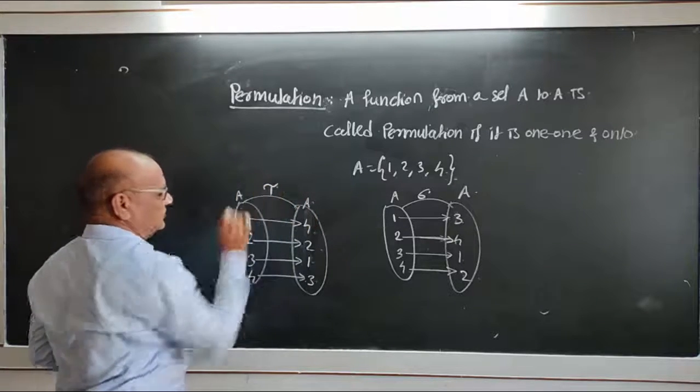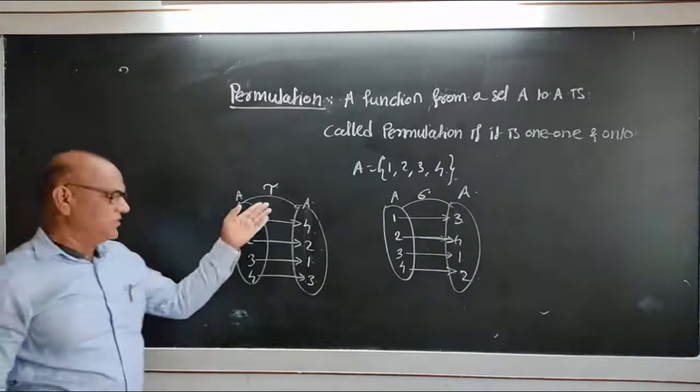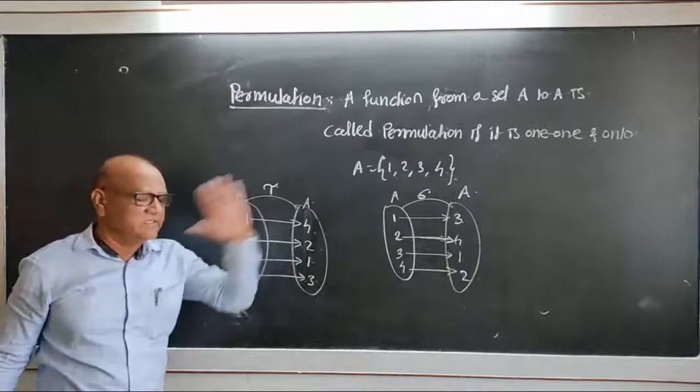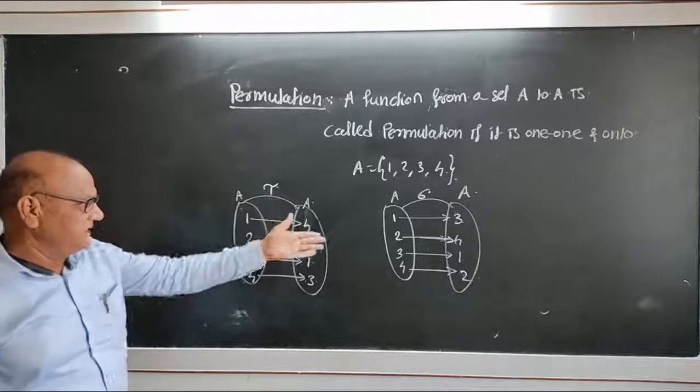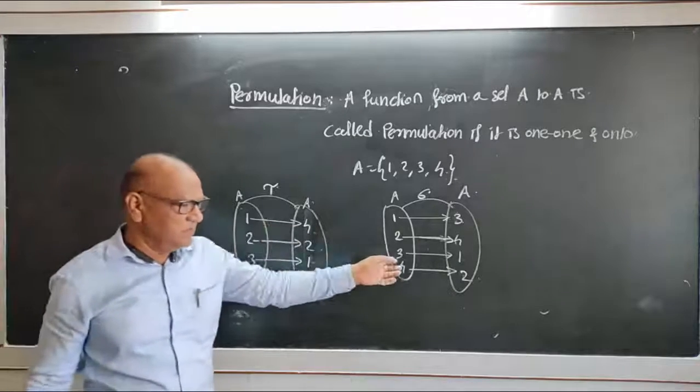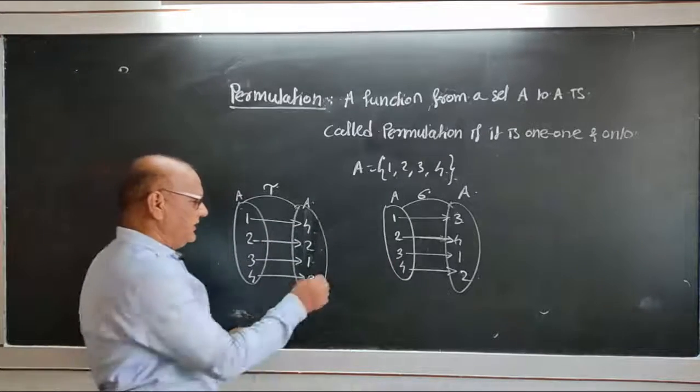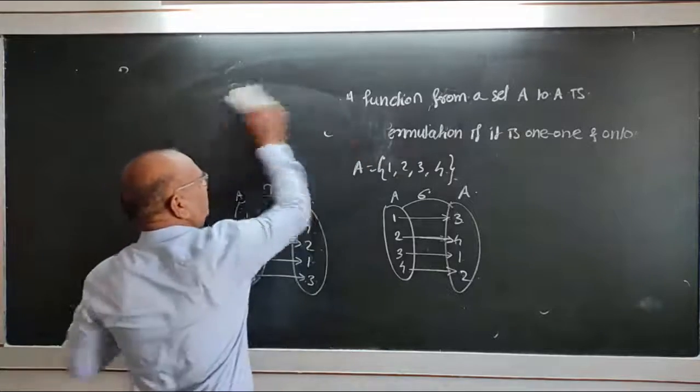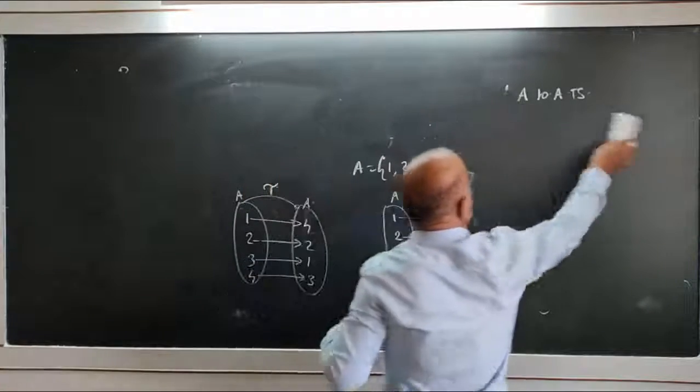This function is tau. The other function is sigma. These are permutations. Now the product of permutations means function composition.